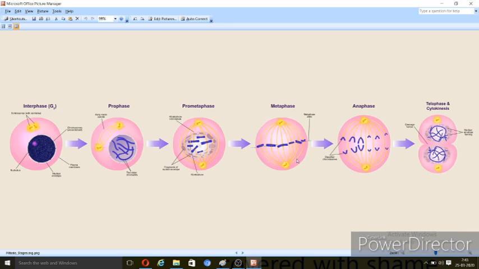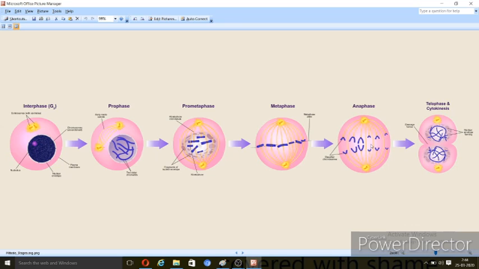After that what will happen is the anaphase. In anaphase the chromosomes will get split. This happens because of the shortening of the spindle fibers. Another thing is it will develop a furrow in this place. A furrow is something like a simple cleavage.